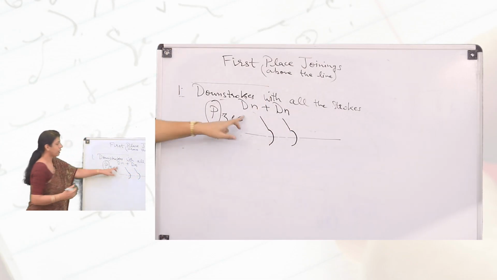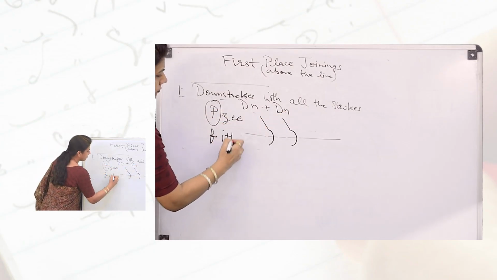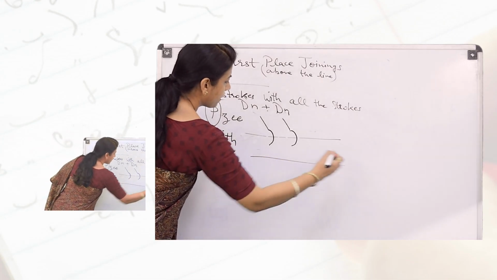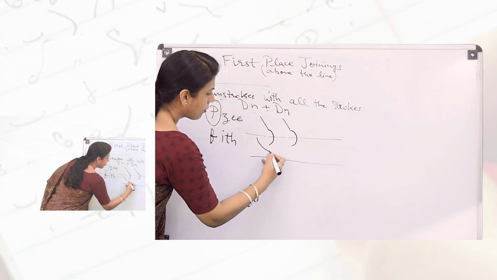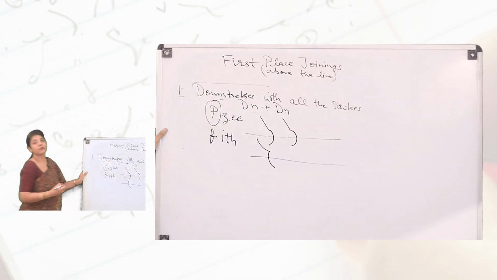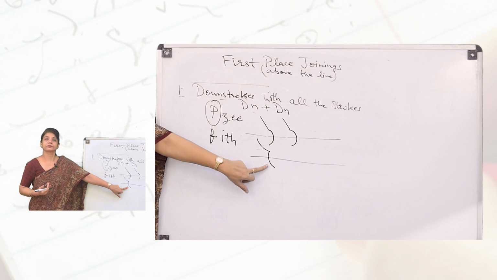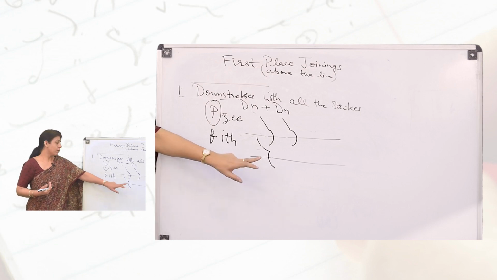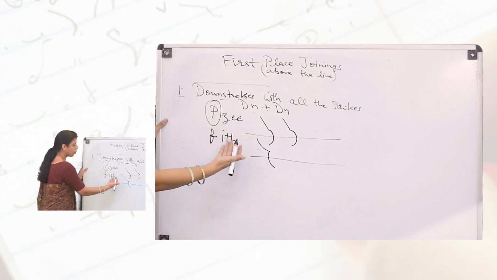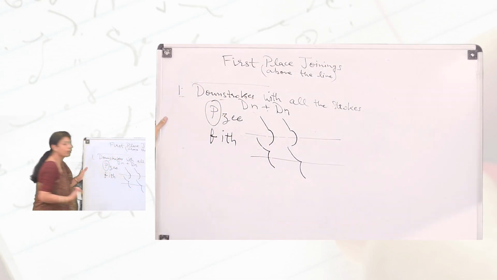Next example, downstroke plus downstroke. F and ith both are downstrokes. Now first place, F above the line because it is the first place joining, and wherever F ends, second begins. So this becomes F ith. And what we learned just now in second place, that if we had to join this at second place, F will be on the line and it follows.